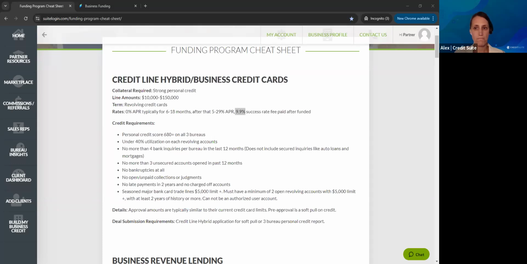And say they get 3 different business credit cards that total an approval amount of $45,000. So if they get $45,000 approved, they will need to pay 9.9% of that $45,000. That is due upon the time that they are approved for those.